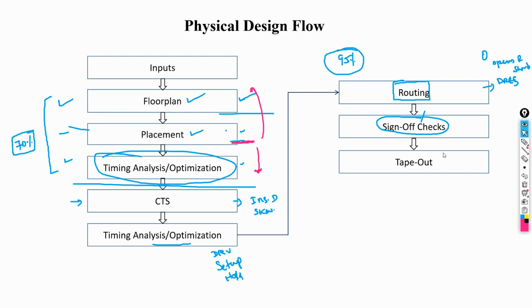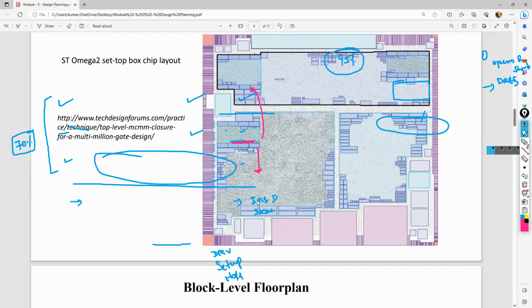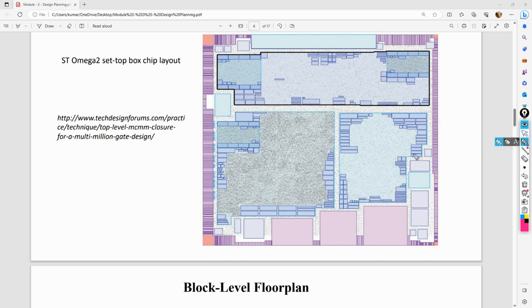And then finally when we are ready, remember you might be working on just one block. You may be the owner of this particular block. That doesn't mean that once you finish your block, we will be able to tape out.